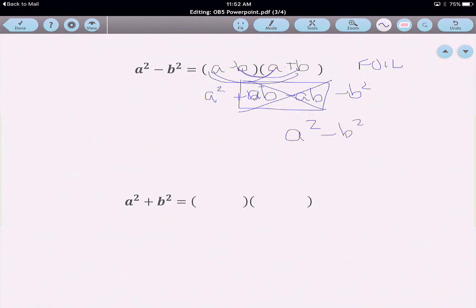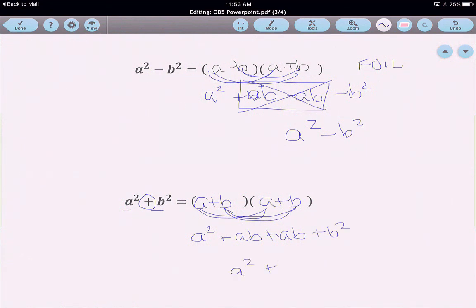So if we come down here to the sum of 2 squares, where we have 2 terms that are perfect squares, this same thing is not actually going to happen. Look what happens if we had a plus b in order to get a positive sign here. We would get a squared plus ab plus ab plus b squared, or a squared plus 2ab plus b squared, which is not that.